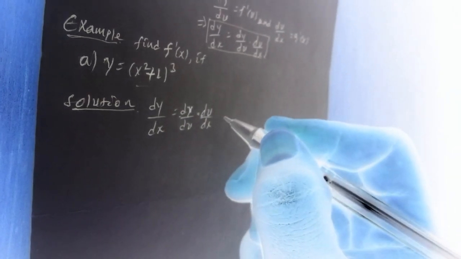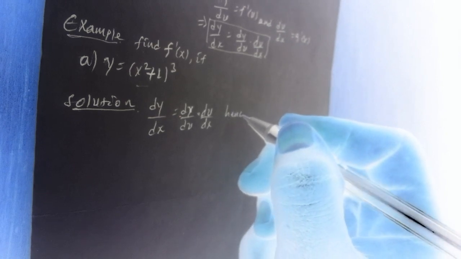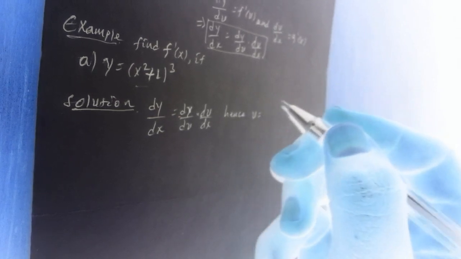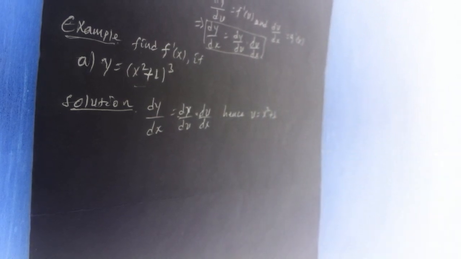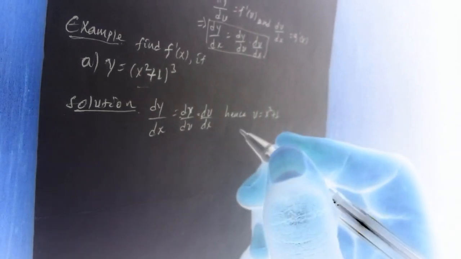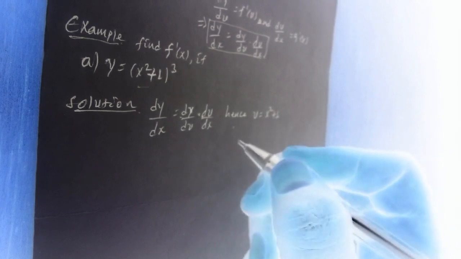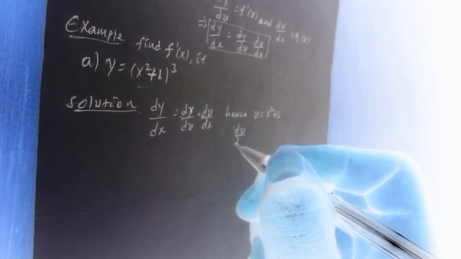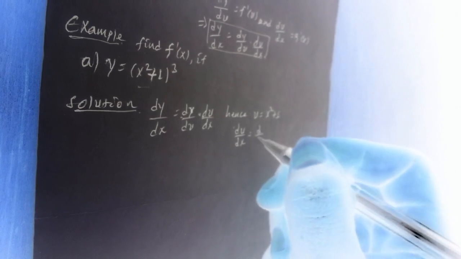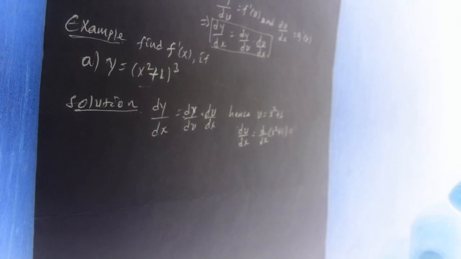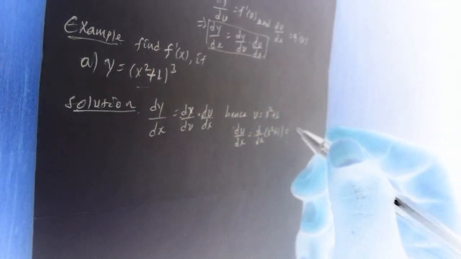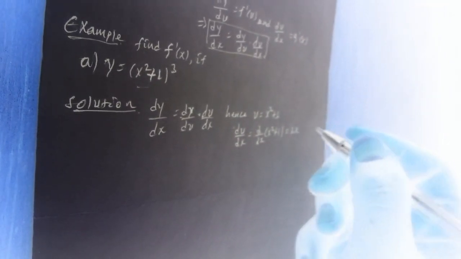From this, let u equal x squared plus 1. Therefore, du by dx, the derivative of u with respect to x, is d by dx of x squared plus 1, which is 2x.